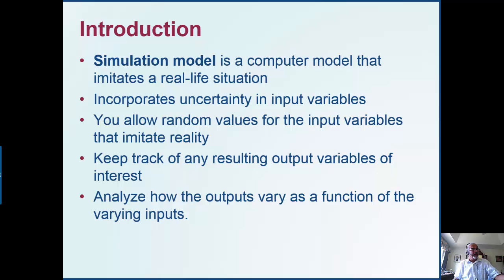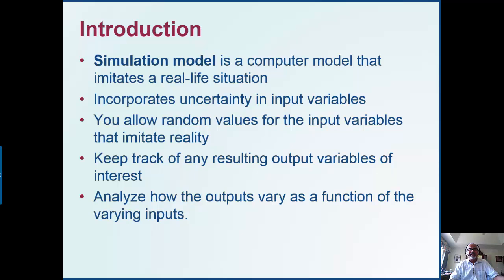Now, if the input values are not deterministic, like if the demand is not 500 or 700, not a fixed value, but a value that fluctuates, or it is uncertain what the value is, but it can be anywhere between 400 to 600 with some sort of probability distribution.